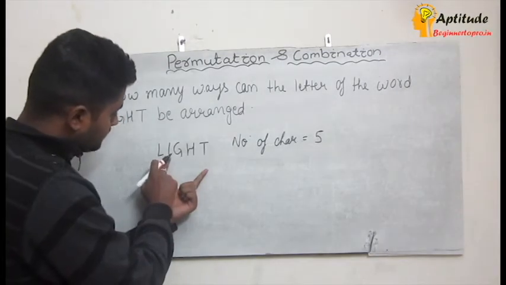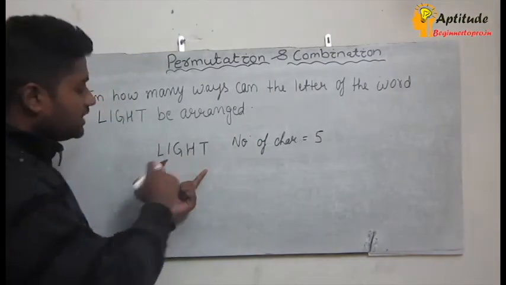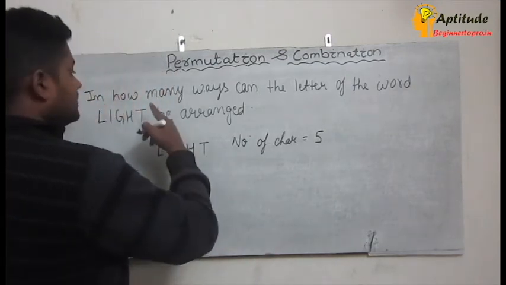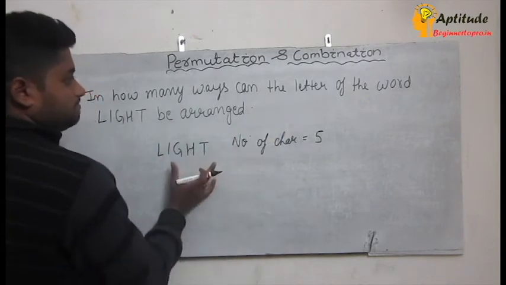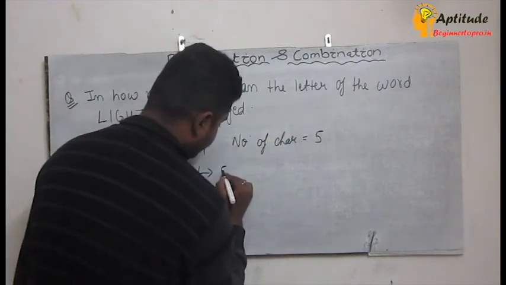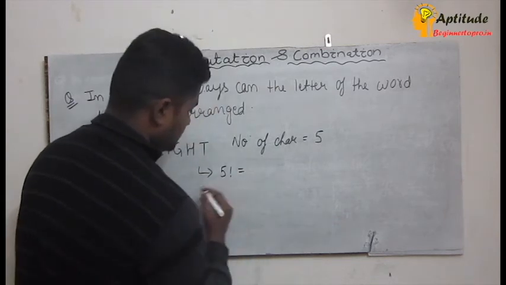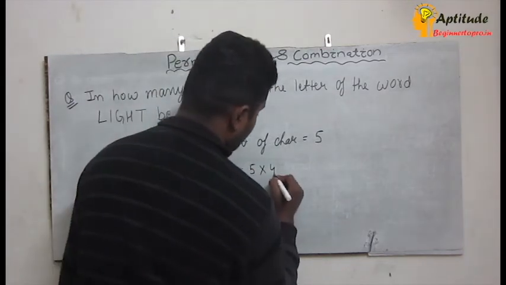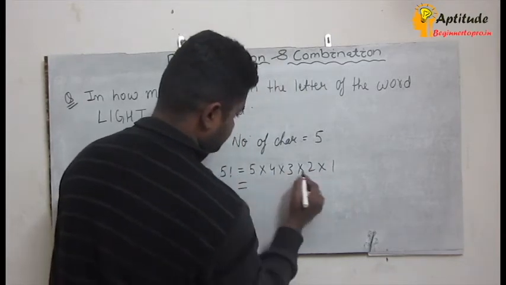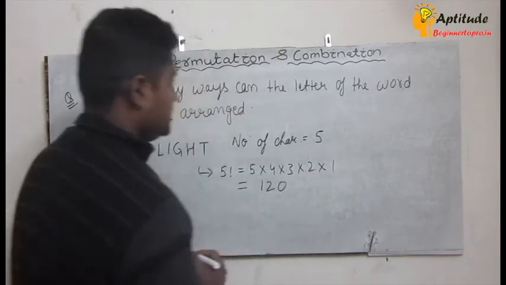L is once, I, G, H, T, all are present once in the word light. So the number of ways the word light can be arranged is nothing but 5 factorial, which is 5 into 4 into 3 into 2 into 1, which is 120.